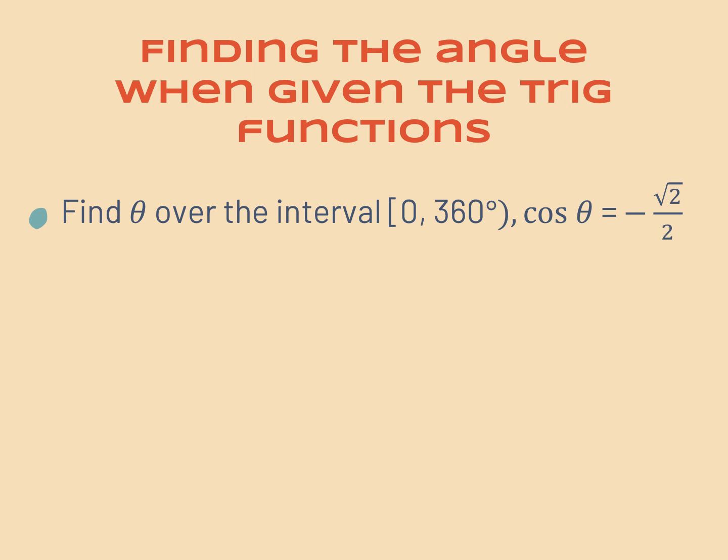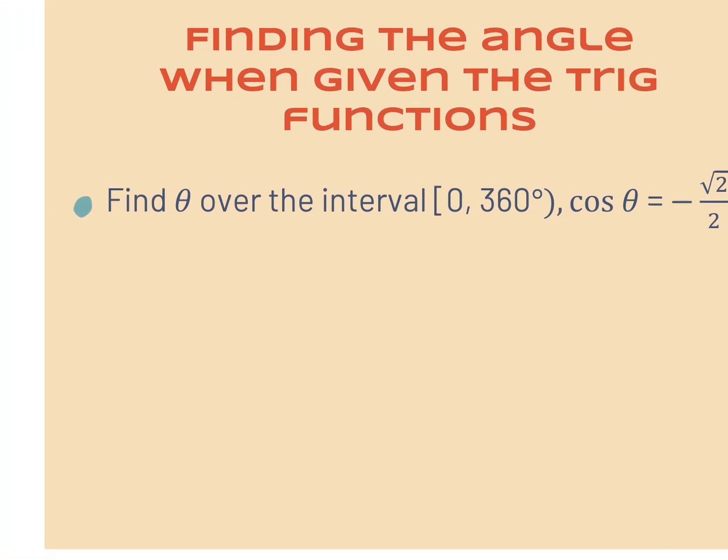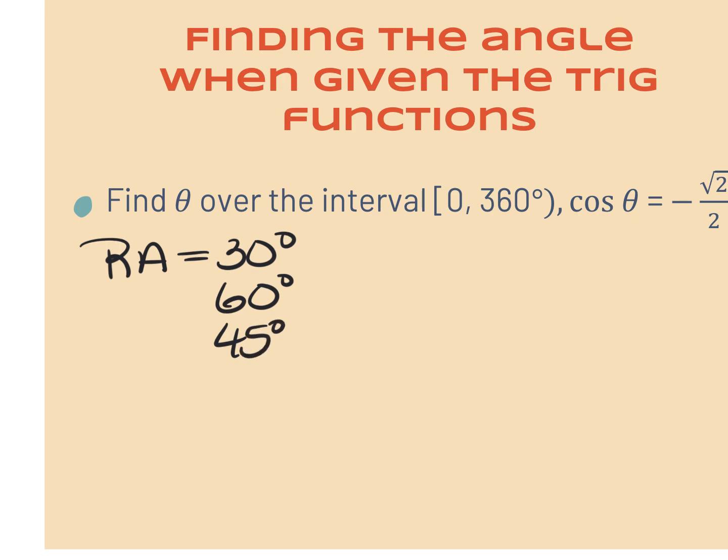Now, on the questions where it's going to have a plus minus sign in front, then we're going to be looking for an angle measure in all 4 quadrants. So in order to find these angle measures, once we figure out what our reference angle is, and our reference angle is either going to be 30 degrees, 60 degrees, or 45 degrees.